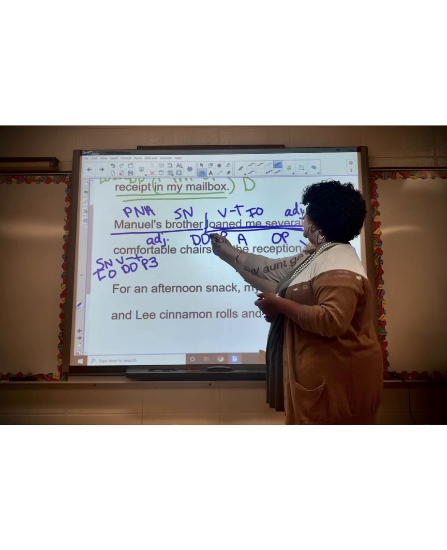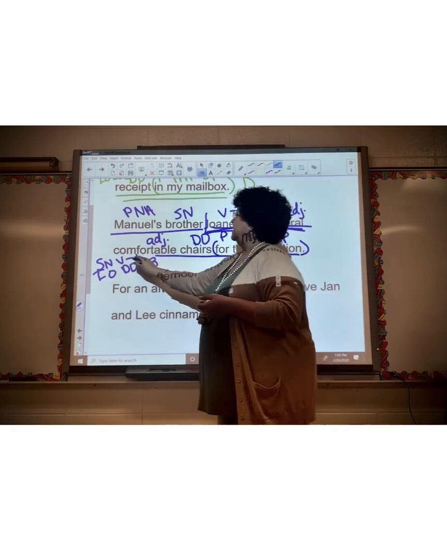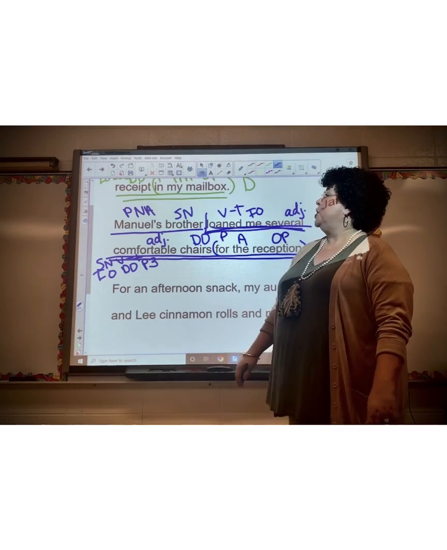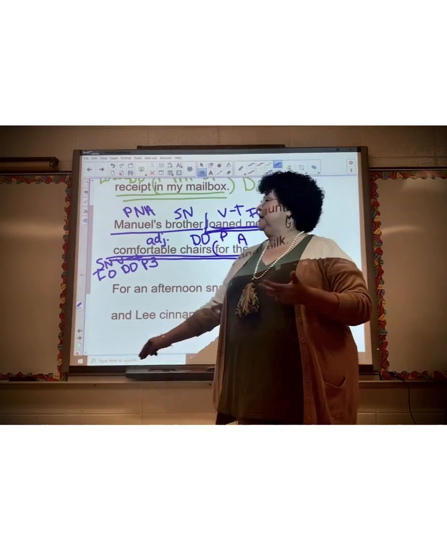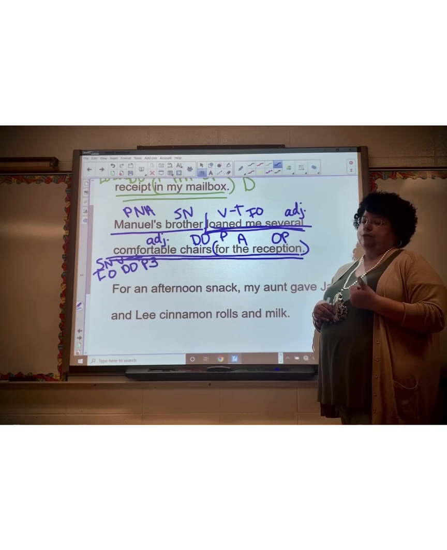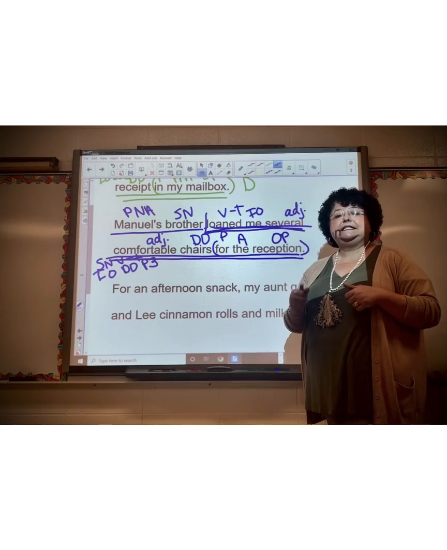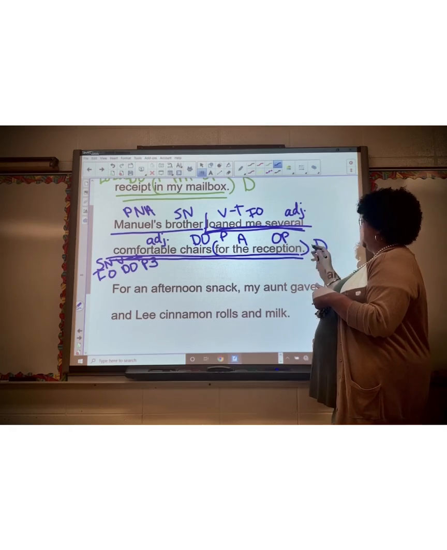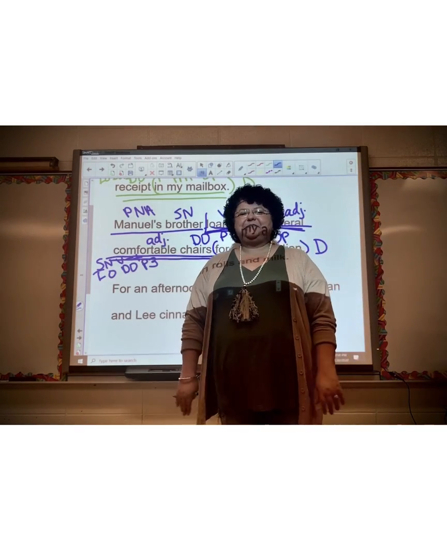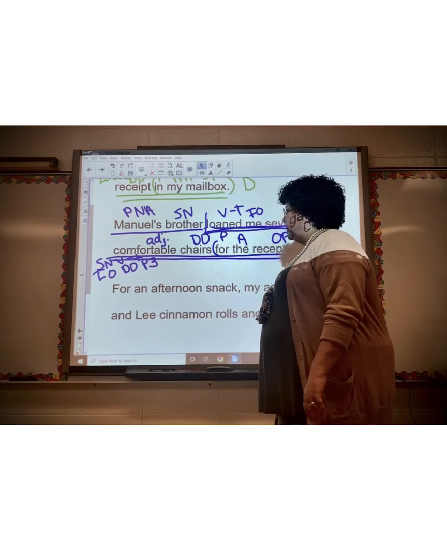It's kind of hard to see. So the complete subject is Manuel's brother, and the complete predicate is loaned me several comfortable chairs for the reception. Period, statement, declarative sentence. Yay, I hope everybody got it correct. Now we'll move on to the next one.